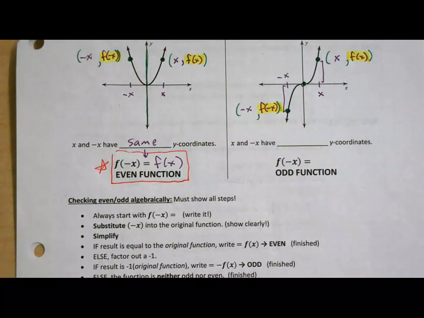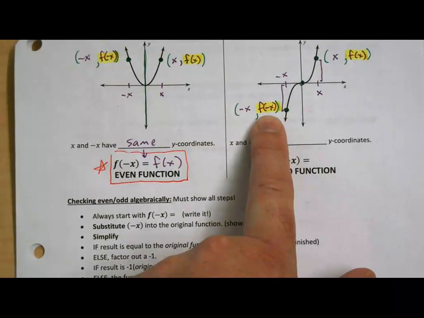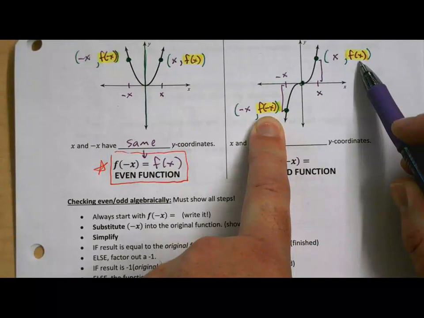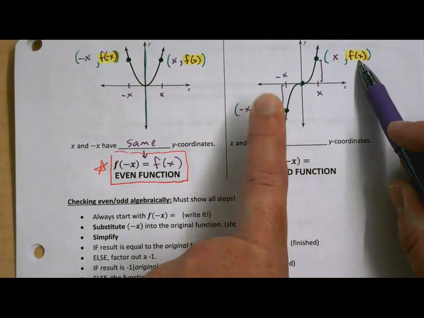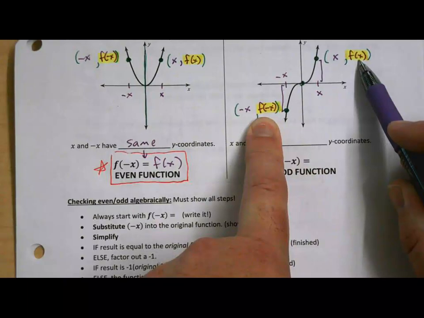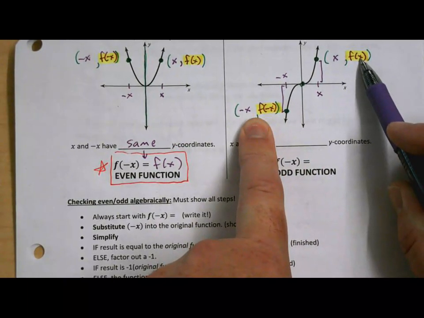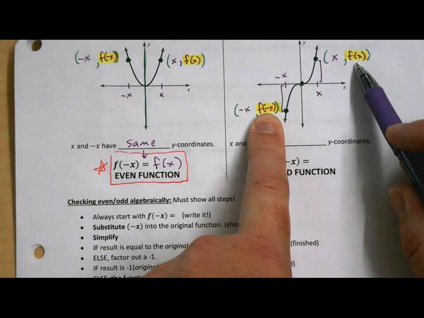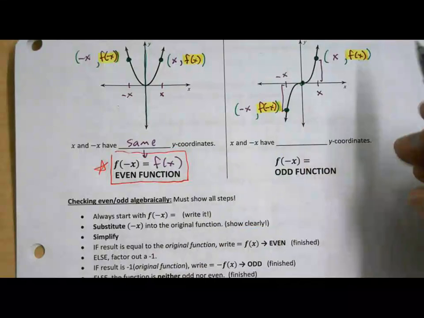So this time around, I would say that f of negative x is just the negative version of my original one. Would you agree? If this was 7, then this would be negative 7. If this was 25, then this would be negative 25. So whatever this is, I just need to take this and stick a negative in front of it. So there's our formal definition.